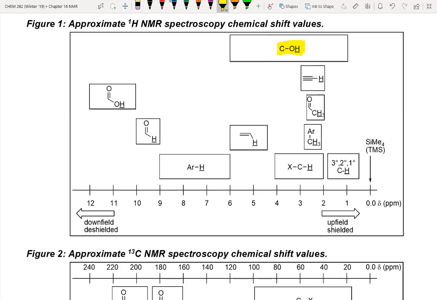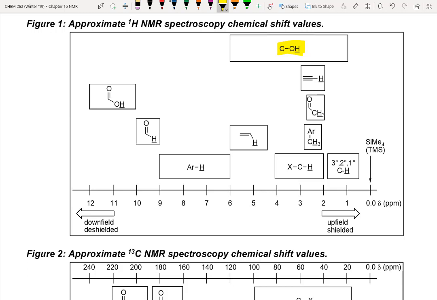And sometimes they'll broaden out so much you just can't even see them anymore, meaning they're exchanged away. Because if you do hydrogen bonding, you can actually break and exchange your proton with a proton from your solvent. And our solvent always has deuterated atoms on it. So it might slowly disappear. Those are called exchangeable protons.